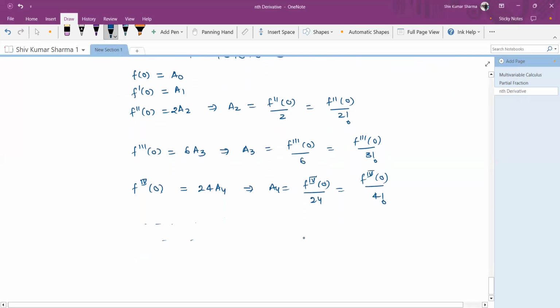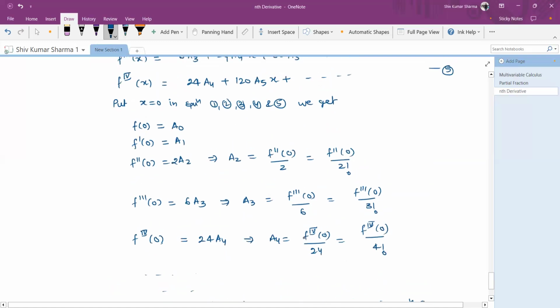Now we put the values of a0, a1, a2, a3, a4 in equation number 1.